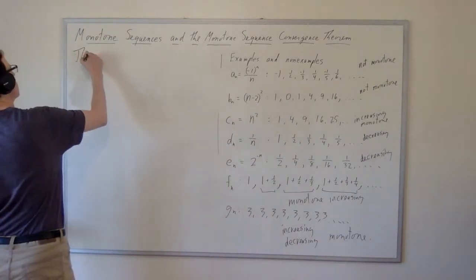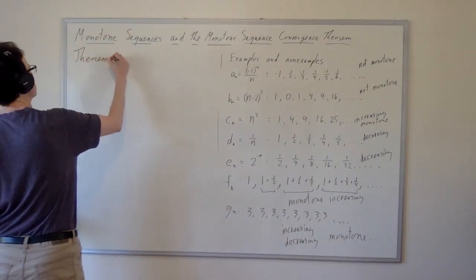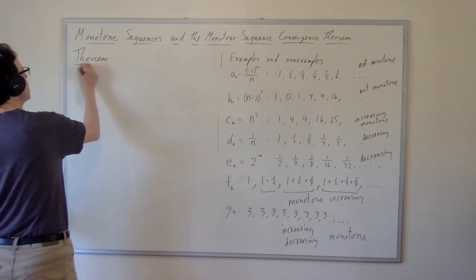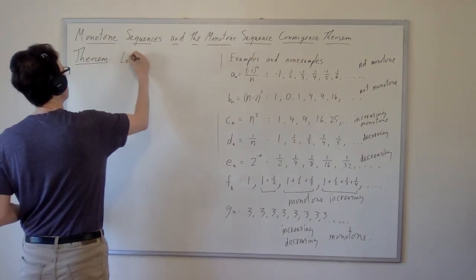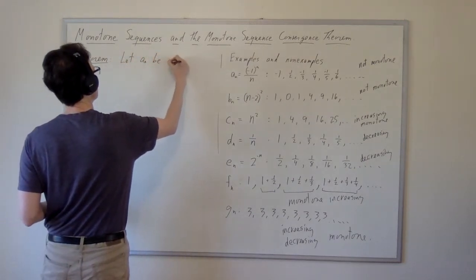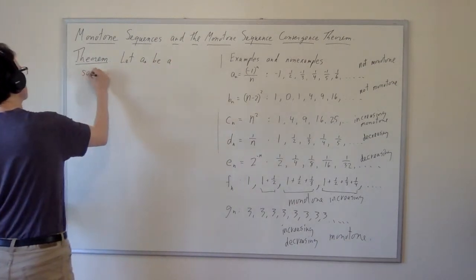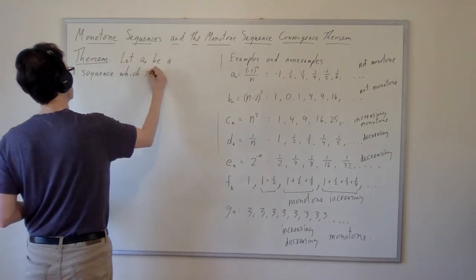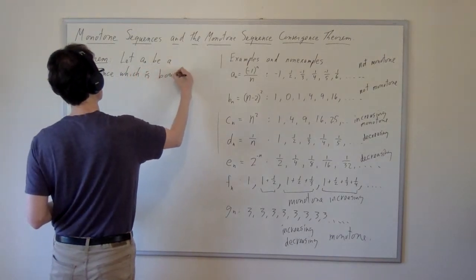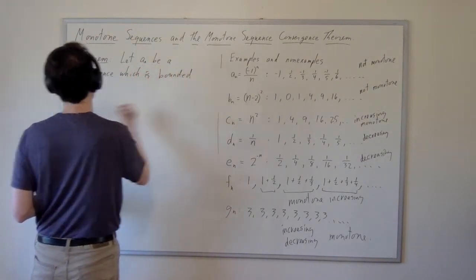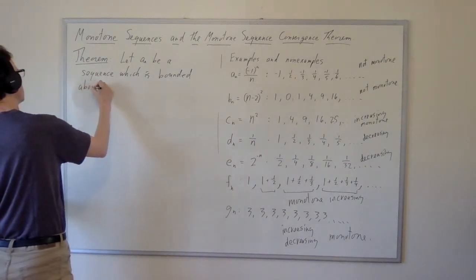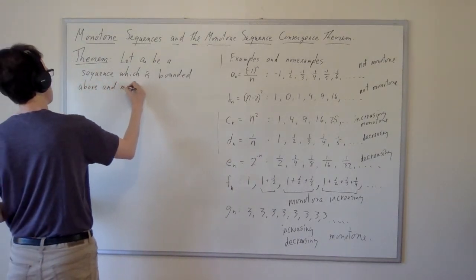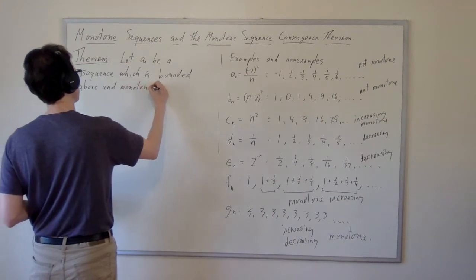So theorem, and this is the bounded monotone sequence convergence theorem. Let a_n be a sequence which is bounded above and monotone increasing.